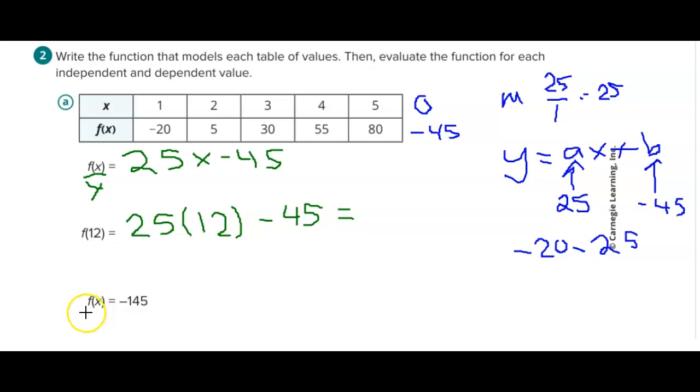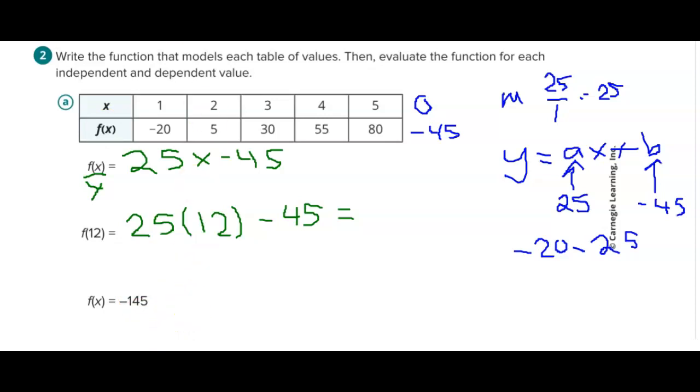So now what we're seeing here is that we are given that y is going to equal negative 145, because y is the output and f of x is the output. But we want to know, what does the x equal at that point?